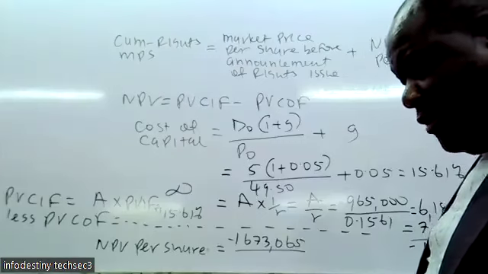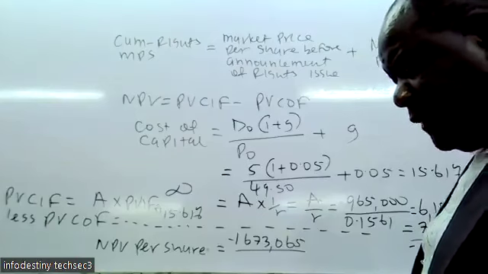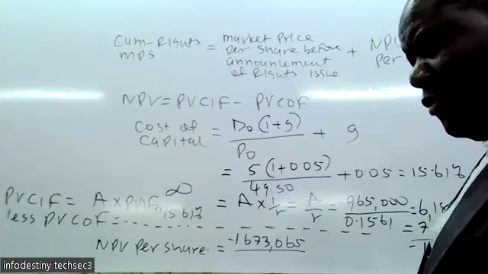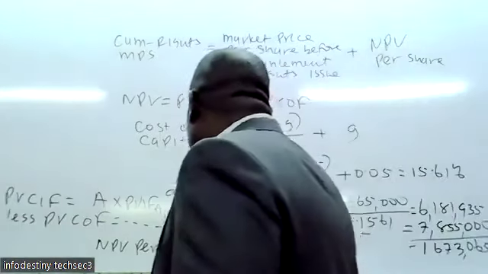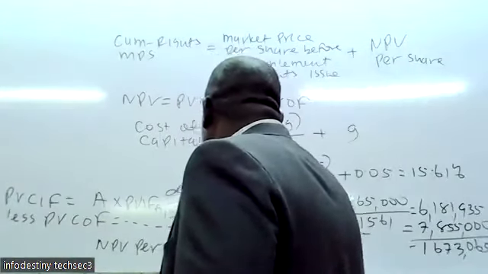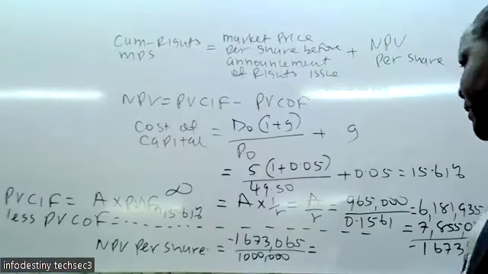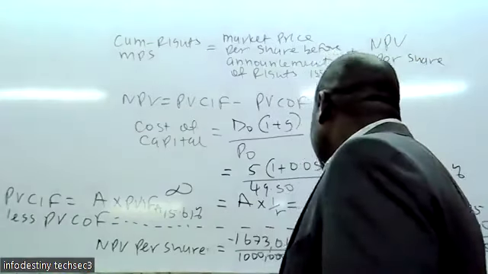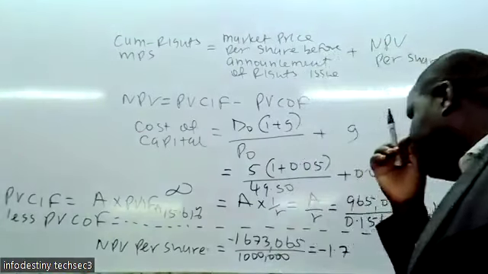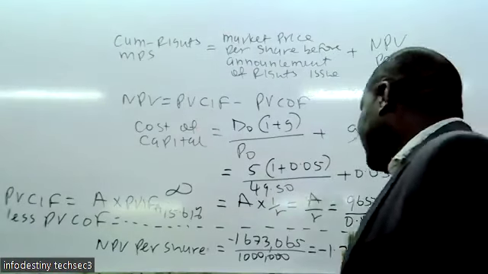The number of the current ordinary shares, you can see up there in the first paragraph, there was 1 million ordinary shares. So this will be the same as negative 1.7 when I round it off, because it is 1.63, so 1.67.